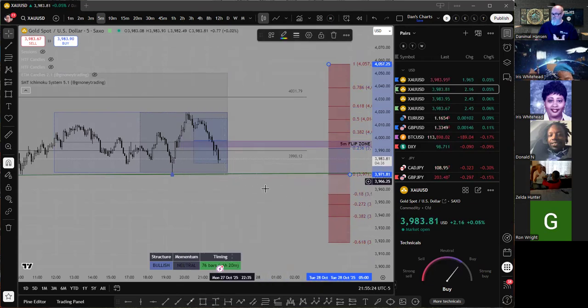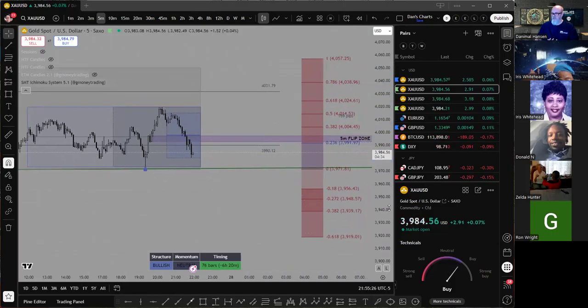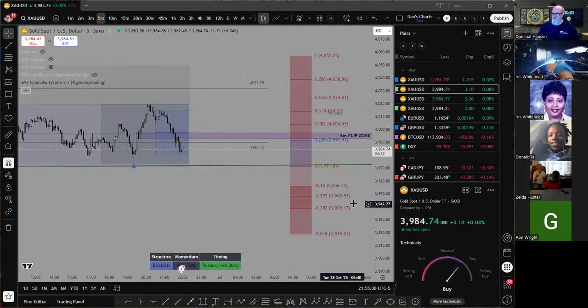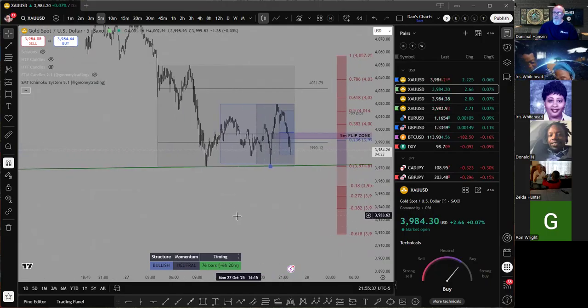I would love to see price come back down to the 39s again: 39.90, 39.60, 39. Somewhere, I'd like price to come down to here would be beautiful.